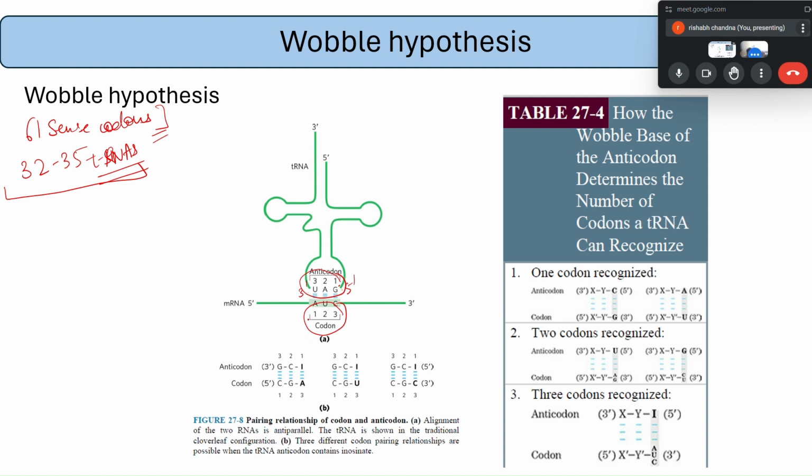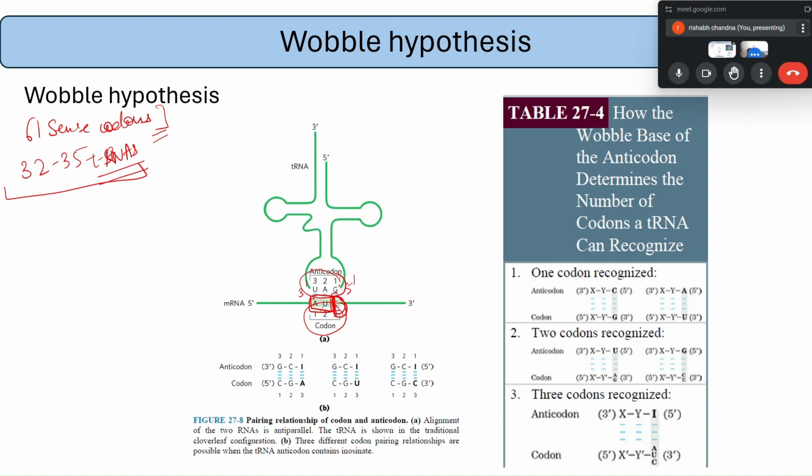So how does the degeneracy occur? Degeneracy occurs only at the third base of the codon. Oh, sorry, how does the wobble hypothesis occur? The wobble hypothesis occurs on the third base of the codon. Okay. So this means that the first two bases must be very specific for a tRNA to bind to this particular mRNA.